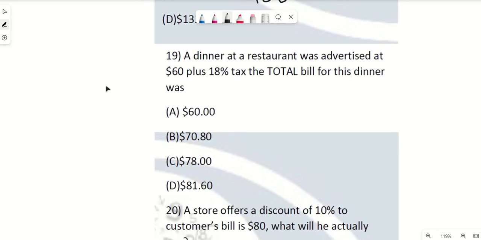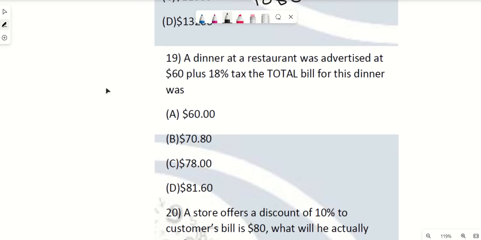Number 19. A dinner at a restaurant was advertised at $60 plus 18% tax. So as soon as you see that, guys, you know that the answer has to be more than 60. So A is out of the question.